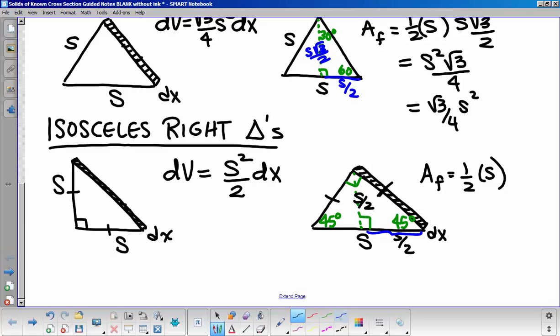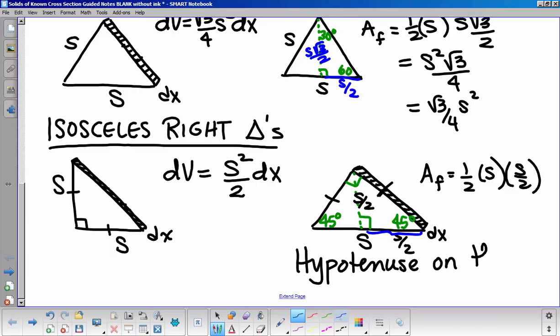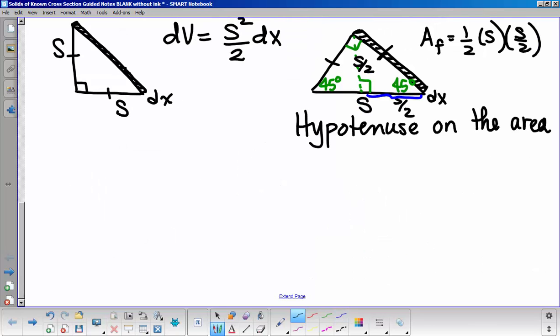So the one slice of volume for the hypotenuse on the area is, instead of S squared over 2 dx, going to be dV equals S squared over 4 dx.